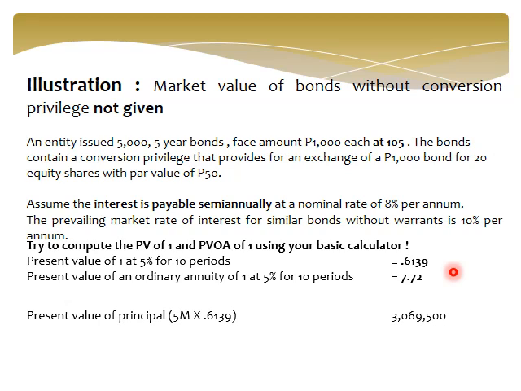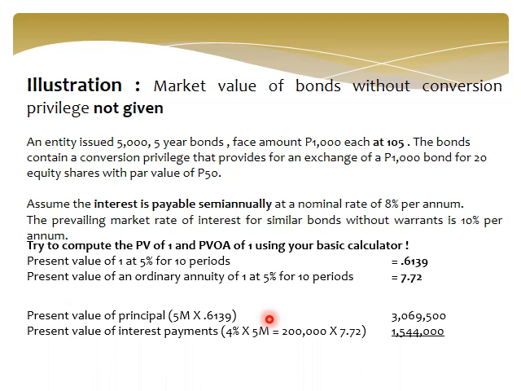So, now let's compute the present value of the principal. 5 million, this is the principal, multiplied by the present value of 1, 0.6139. So, we have 3,069,500. Then, the present value of the interest payment of 200,000: the 5 million face amount times 4%, because 8% is per annum, so per semi-annual it is 4%. 5 million times 4%, we have 200,000, then multiplied by 7.72.